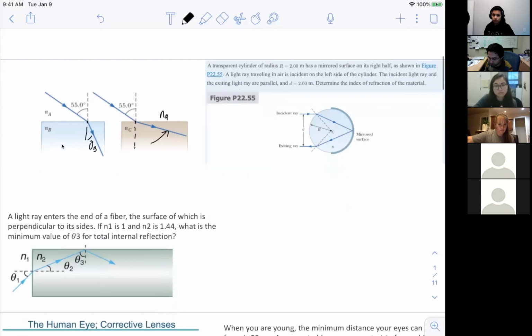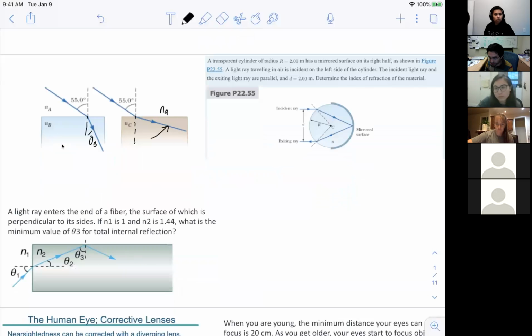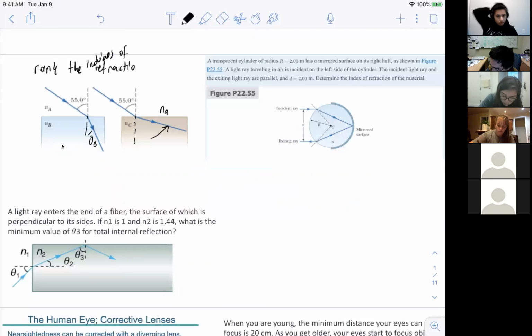Okay, so the first part is about Snell's law. These are the typical problems you may see on the exam. The first problem was on the discussion problems of chapters 25, 26. It asks to rank the indices of refraction for the material.